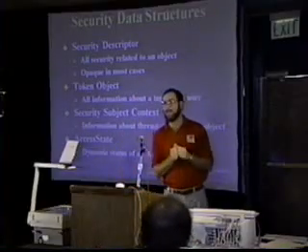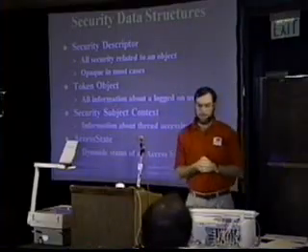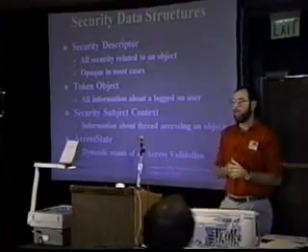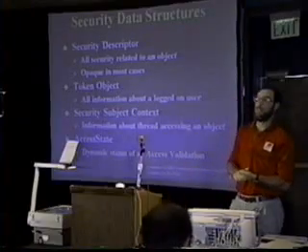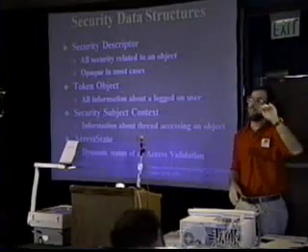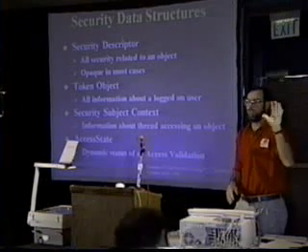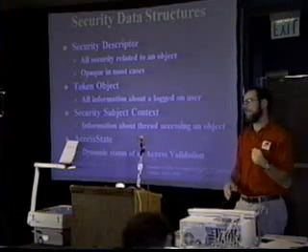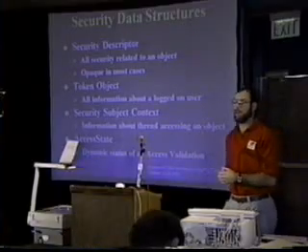So if you're impersonating somebody, your thread has a pointer off to that client's token. And then a little other information about the impersonation, and also some auditing information. So somewhere during that object access, we create a subject context. Again, you'd pretty much treat this thing as an opaque blob, pass it along to these access validation and audit calls.